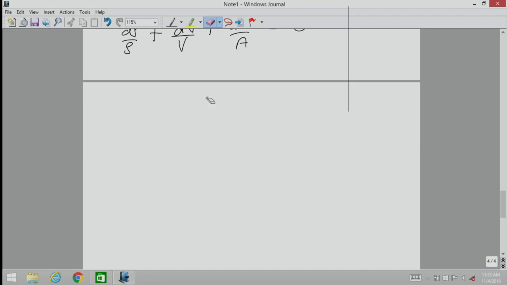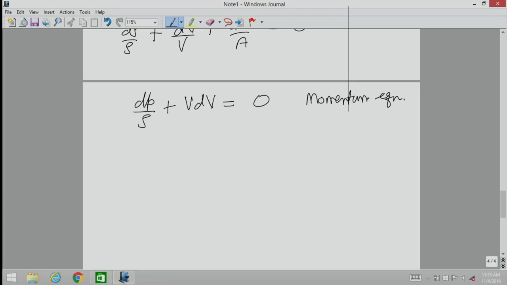This is dP by rho plus V dV is equal to... I have got a relation here, dP by rho. I think let me move with this. I'll just continue ahead and then I'll get back to you on this. So this is the equation which we get.